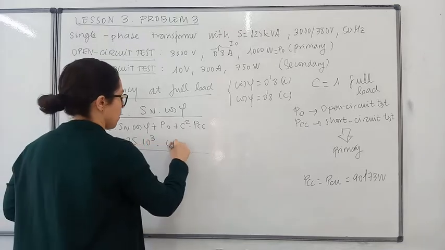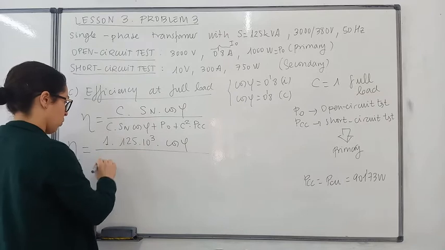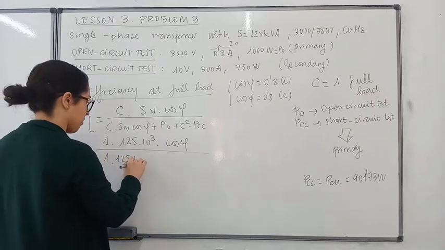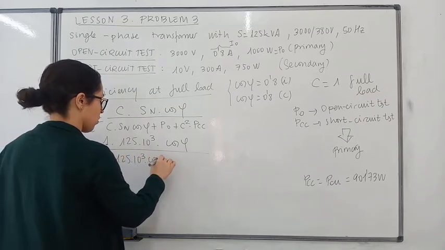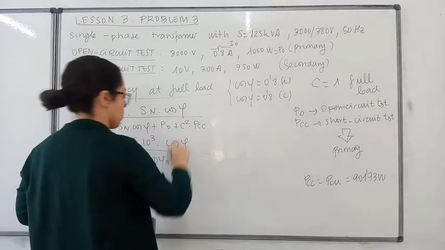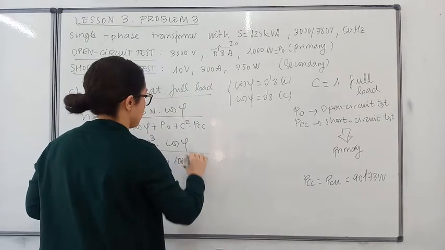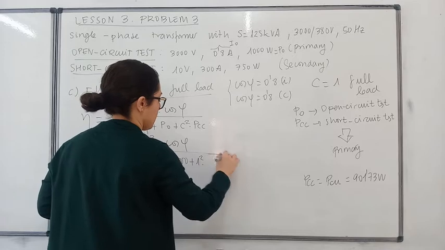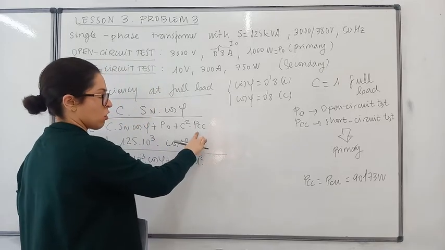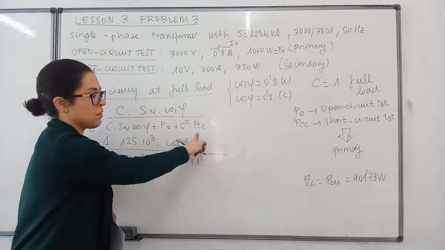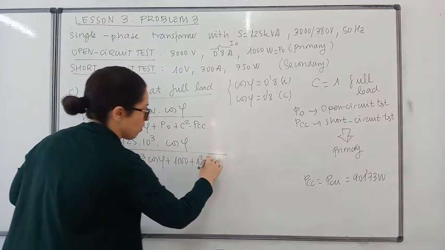kVA. The power factor here, okay, 125, the power factor. P0 was 1000 watts. C to the square, and here the short circuit power is the power of copper losses at full load, okay?